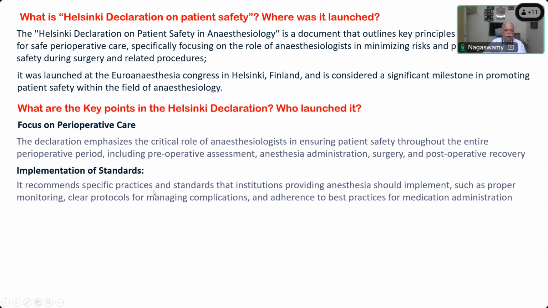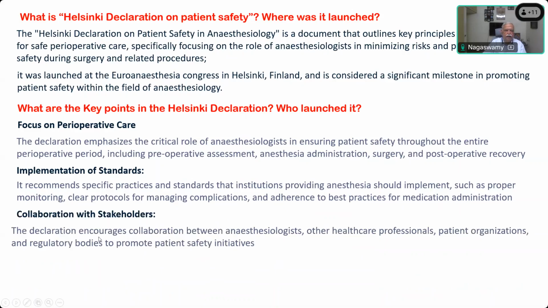It recommends specific practices and standards that institutions providing anesthesia should implement, such as proper monitoring, clear protocols for managing complications, and adherence to best practices of medication administration. And third is collaboration with stakeholders. The declaration encourages collaboration of anesthesiologists with other health professionals, patient organizations and regulatory bodies to promote patient safety initiatives. And it was launched by ESA and EBA.